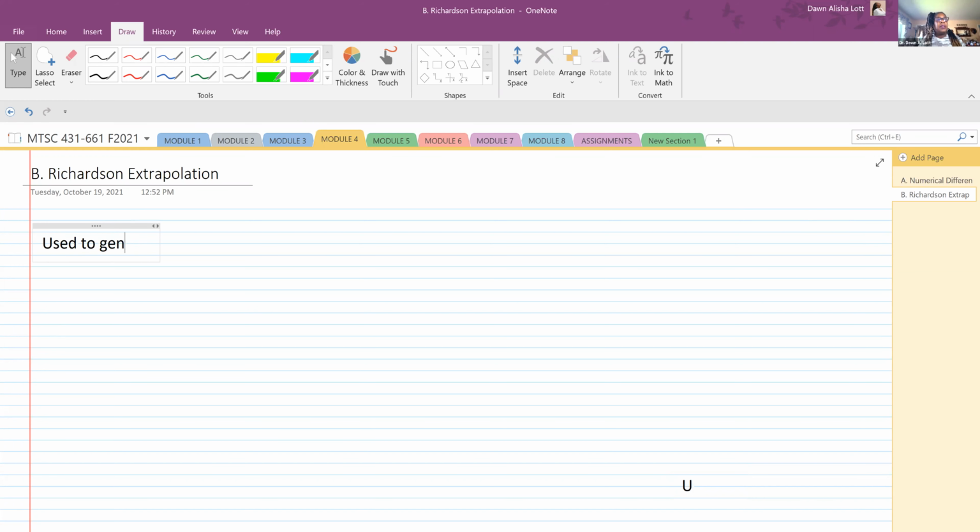Used to generate results of higher accuracy by using lower order formulas.